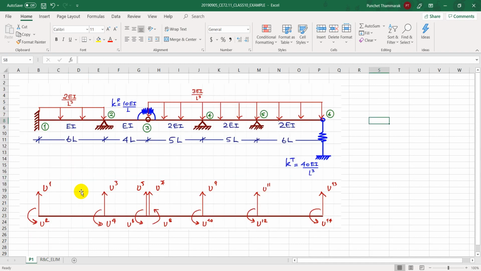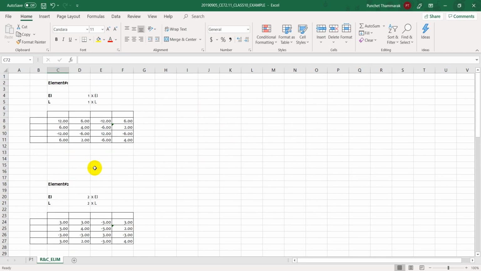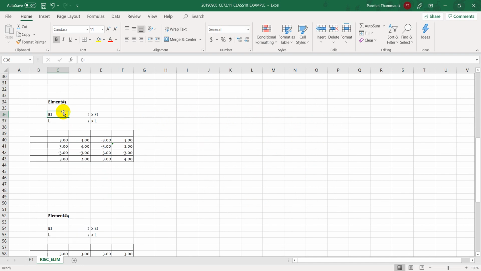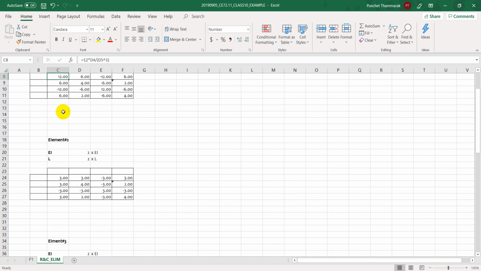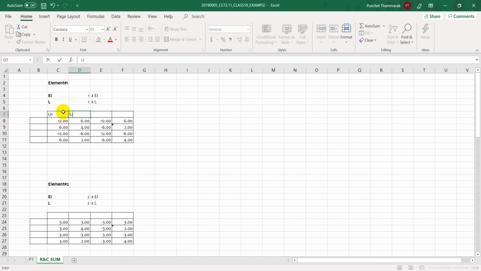Now, element number 1. For element number 1, we are dealing with U1, U2, U3, U4. This corresponds to the equations for F1, F2, F3, F4.